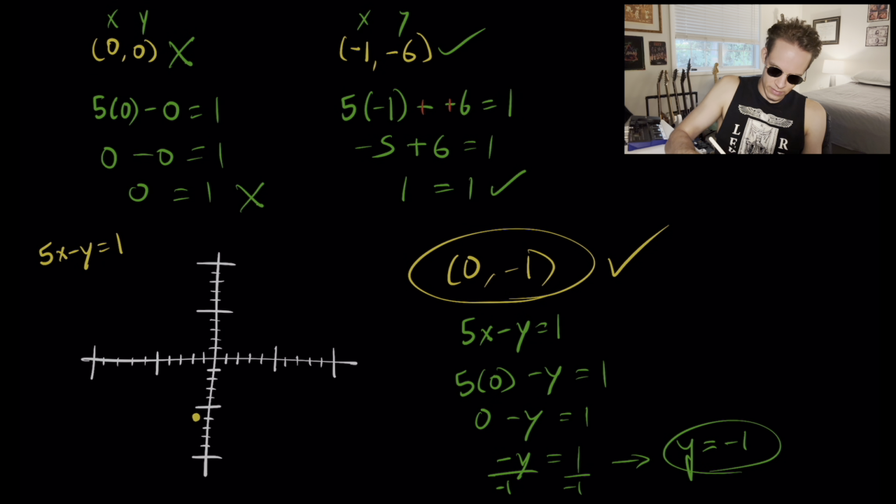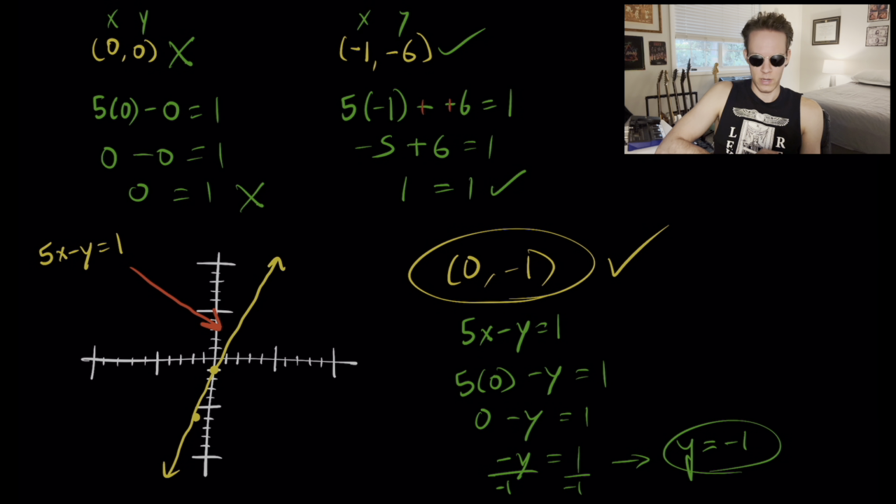So I'm going to plot that on the graph right over here. And you can find more solutions and points, but generally speaking, they're all going to follow this line like that. So this line, or this curve, there's no curve, so it's a line, is the graph for 5x minus y equals 1.